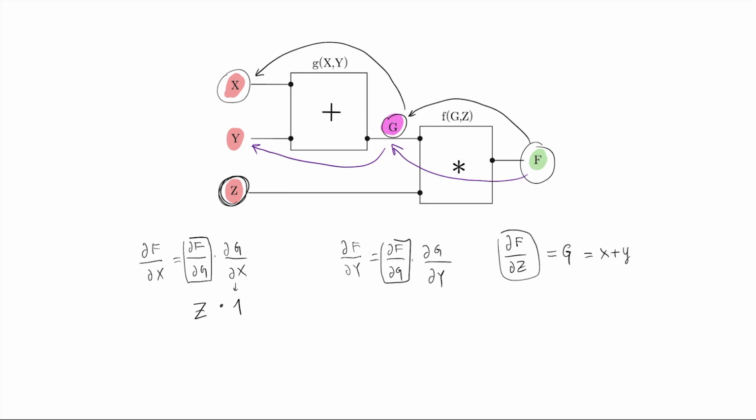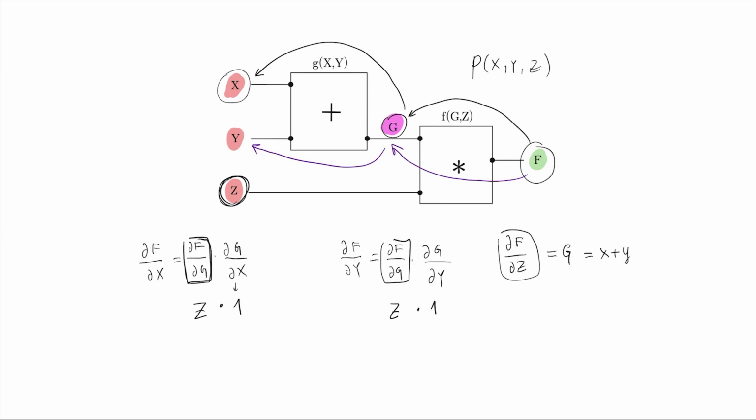Okay, let's do delta f over delta g. Again, it will be the same as in the previous case, simply equal to z. And in the same way, delta g over delta y, because it's just addition, will be equal to 1. So we can multiply them. Now let's say this whole function, which has 3 inputs and 1 output, we will call p of x, y, z.